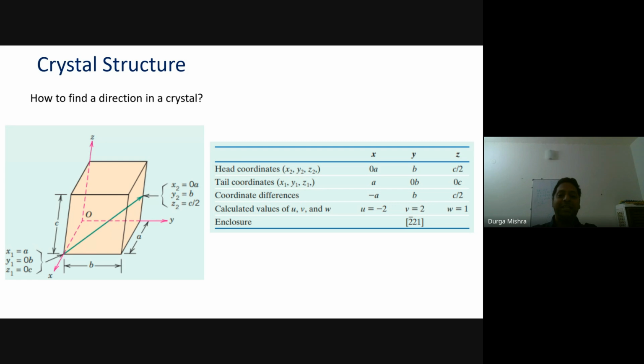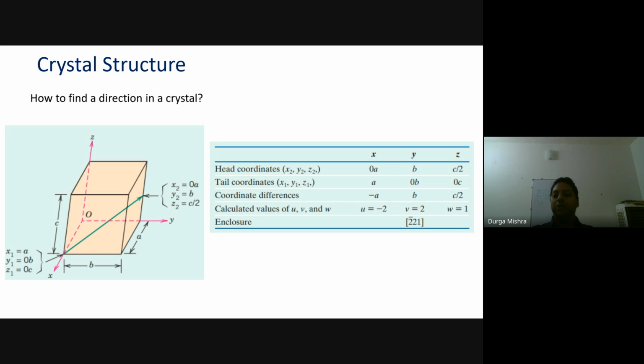Once you identify that, you take the coordinate difference. This is what we have written down in this table. For the head coordinate, x is 0a, y is b, z is c by 2. For the tail coordinate, this is a, 0b and 0c. Now you subtract, and what you get is minus a, b and c by 2.